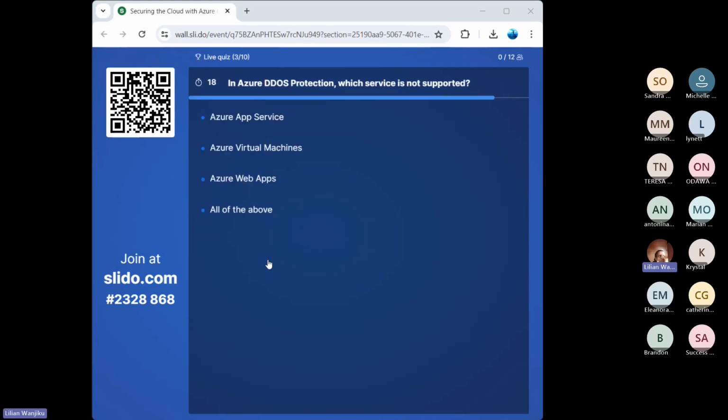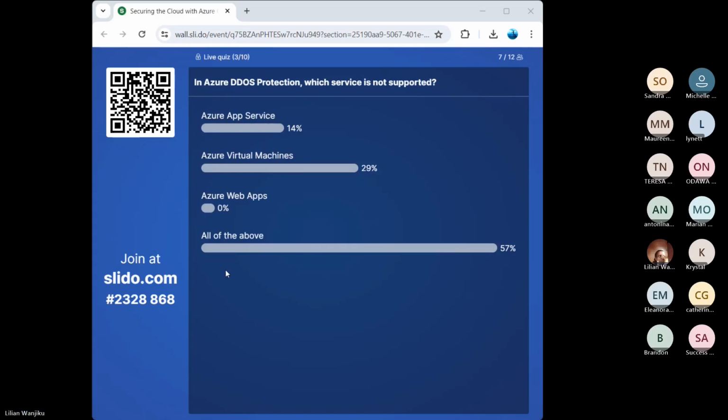Okay, next question. In Azure DDoS protection, which service is not supported? We discussed the services that Azure DDoS protects, so if you can remember, select the correct option. We have all of the above selected.